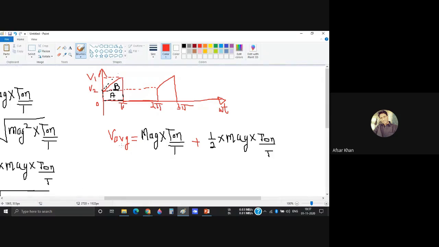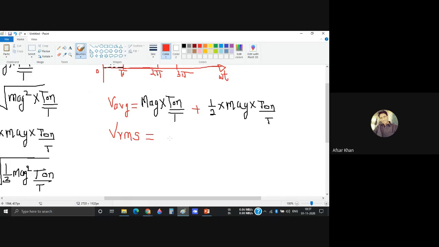So next, VRMS. For VRMS, we have to write the formula like A plus B whole square, put in the square root. Previously we have seen this.